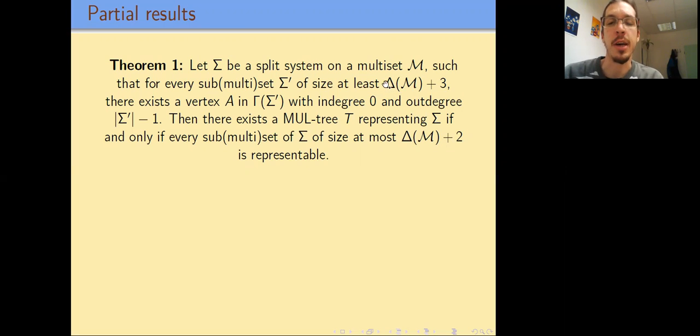So if all subsets of size delta plus 3 satisfy this annoying property, namely that in the split containment graph you have a vertex that has in-degree 0 and out-degree delta prime minus 1, which means that your set A doesn't contain any set from your split system, and for each other split, it's contained in exactly one of the sets of the other split.